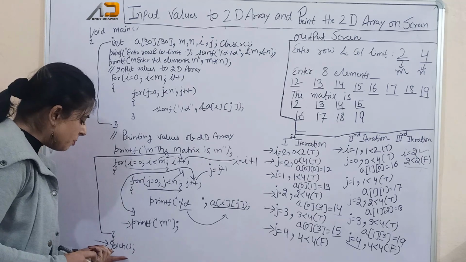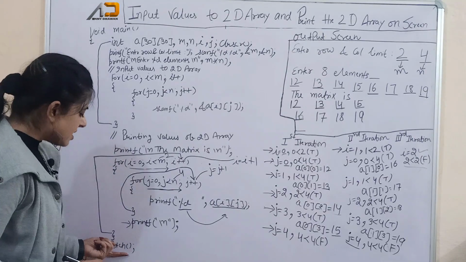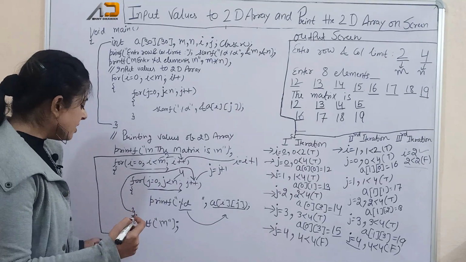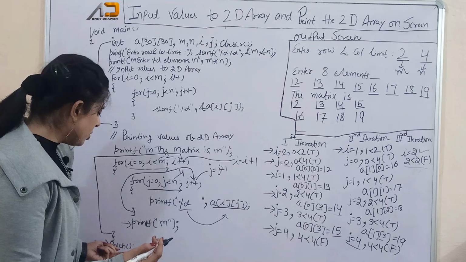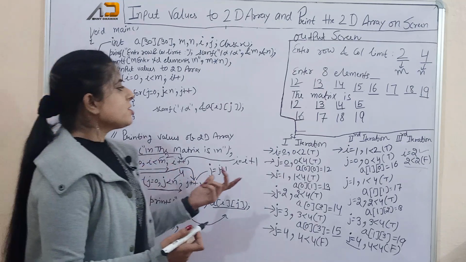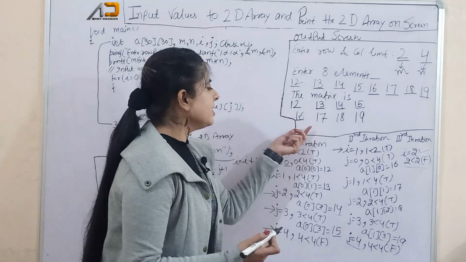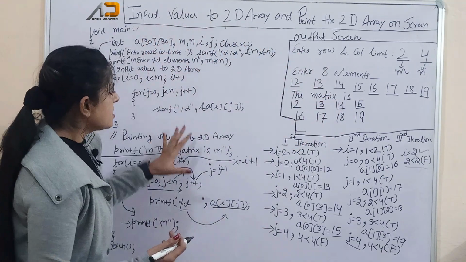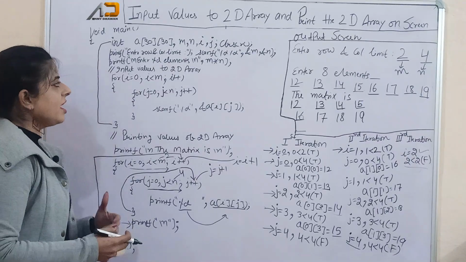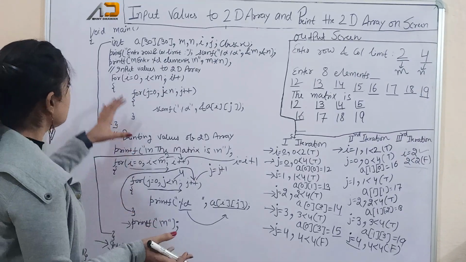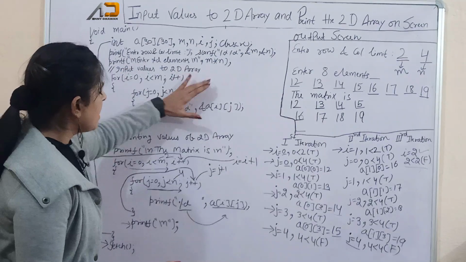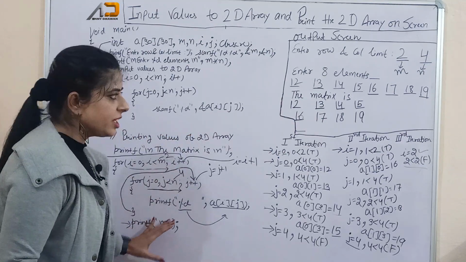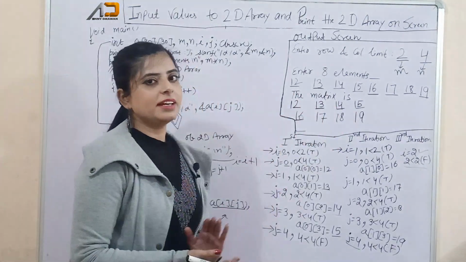It's an input function, and this getch function now waits for the user to enter an input value, and as soon as you hit the enter key, the control will return to the C language editor itself. And this is how you can input values to a 2D array, and this is how you can print the values of a 2D array onto the screen.